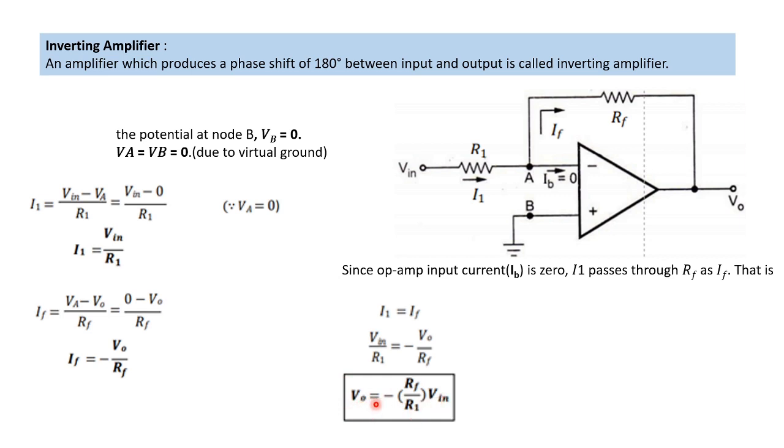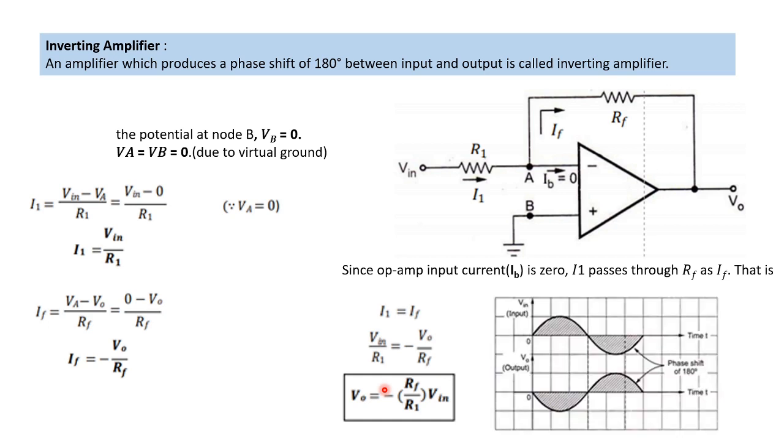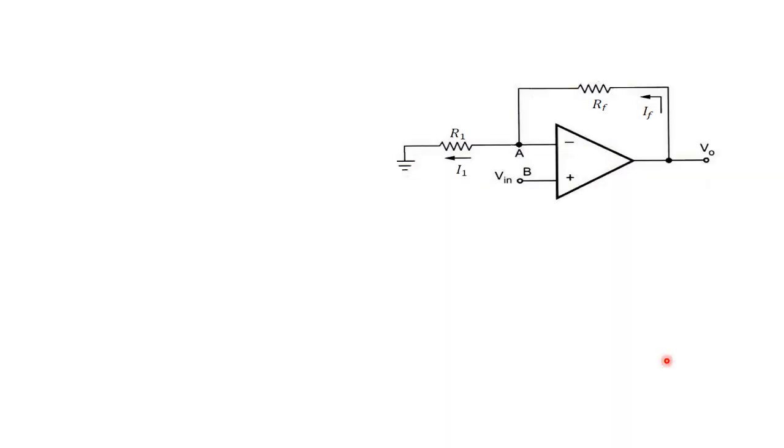From this we can see that the output is the negative of the input, which indicates the 180-degree phase shift. The output is an amplified version of the input, but with a 180-degree phase shift. It is exactly inverted here, so its phase shift is 180 degrees. This is about an inverting amplifier.